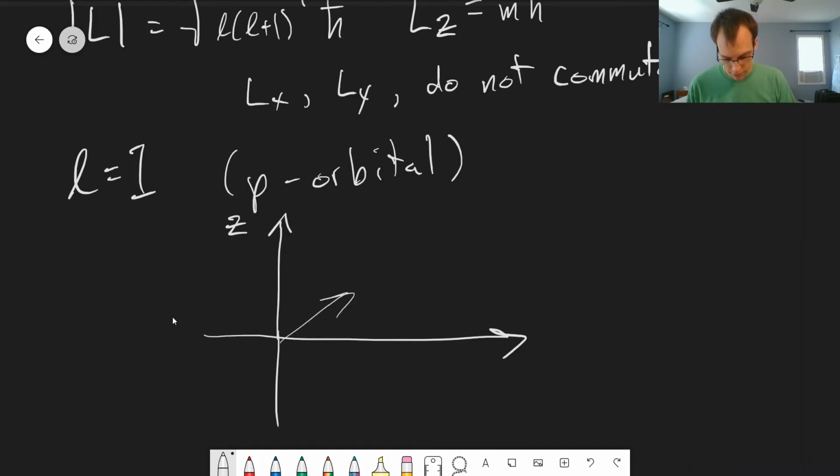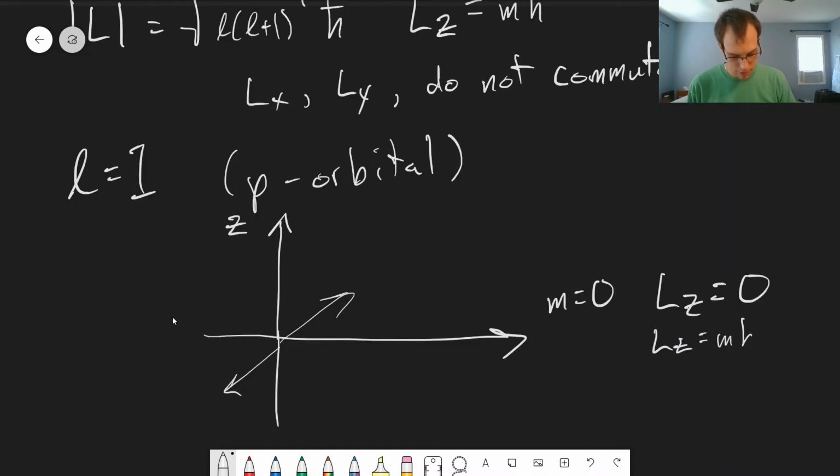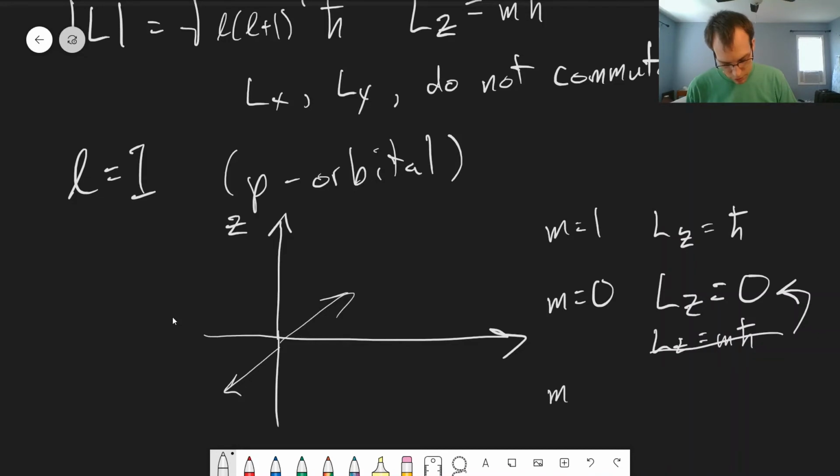When m equals 0, we know that Lz is also equal to 0 because Lz is equal to m times h bar. When m equals 1, we know that Lz is equal to h bar. And when m equals -1, we know that Lz is equal to negative h bar. So we're just using the eigenvalue equations that we have up above.